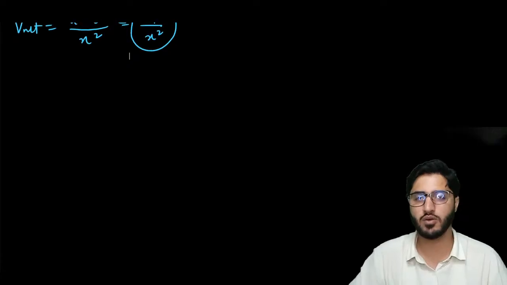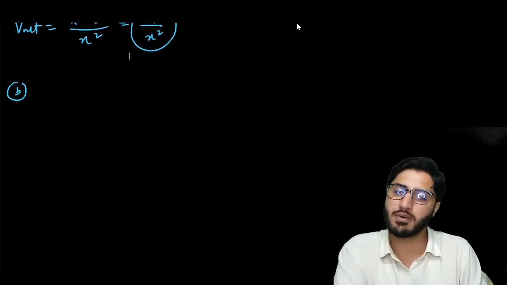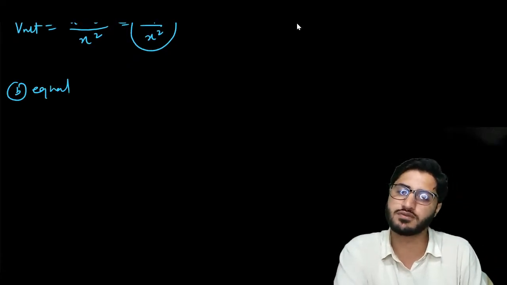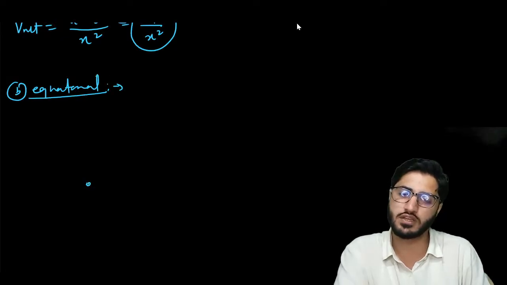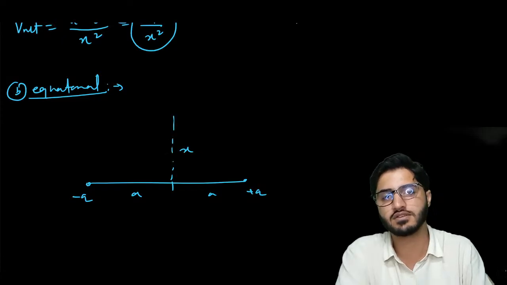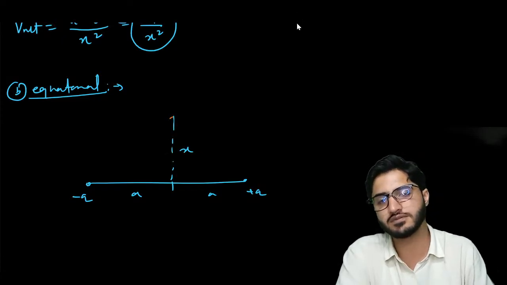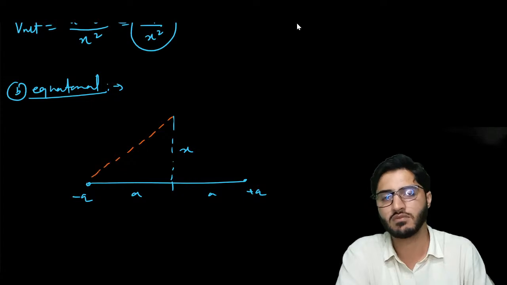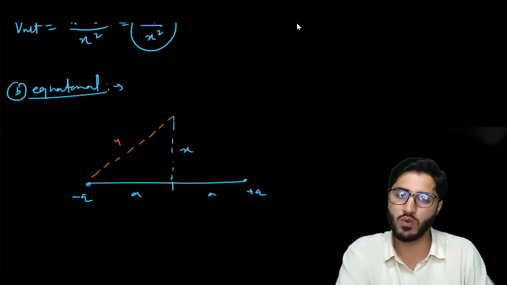Okay. Now part B. Part B is for equatorial position. For equatorial, look here. Minus q, plus q, a, x. It is x, right? Suppose the distance is y for simplicity.